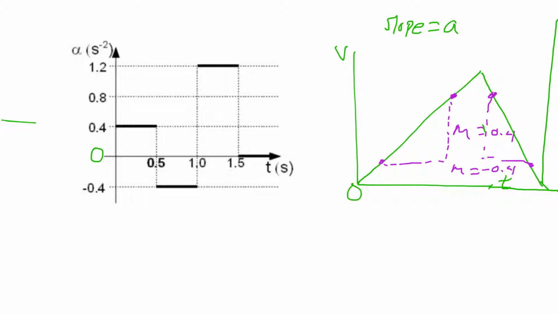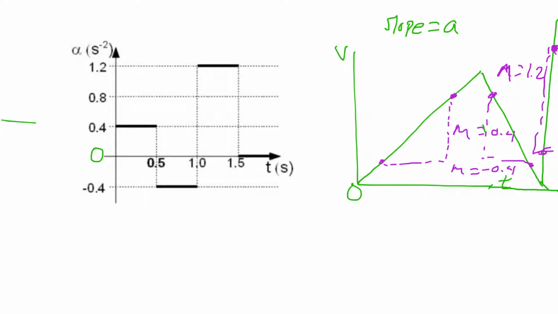So you would take 2 points and plot those, and then again do your rise over your run and get your value of 1.2 meters per second squared.